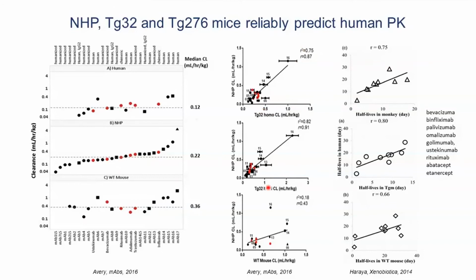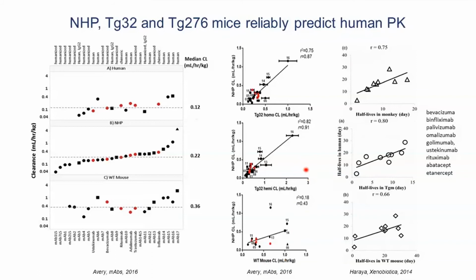The same was true when the clearance values from non-human primate were plotted against TG32 hemizygous mice at 0.91. However, the correlation was poor against wild-type mice when they were administered these same antibodies.